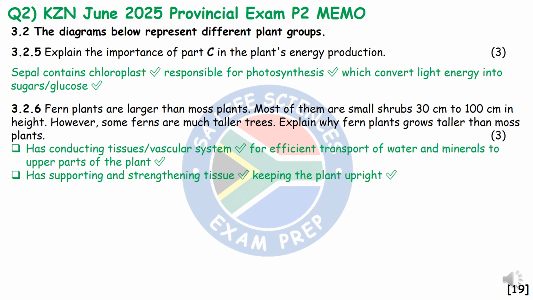You can also say that the ferns have got supporting and strengthening tissue to keep the plant upright. Seeing as this is a 3-mark question, you have to state the structural traits that the ferns have and then explain why this allows them to grow taller.